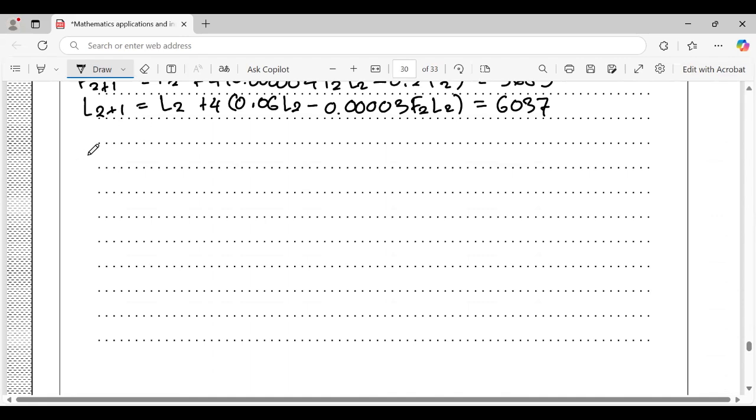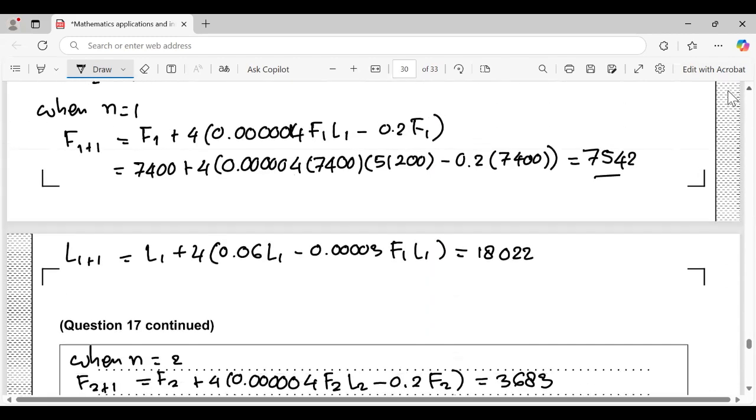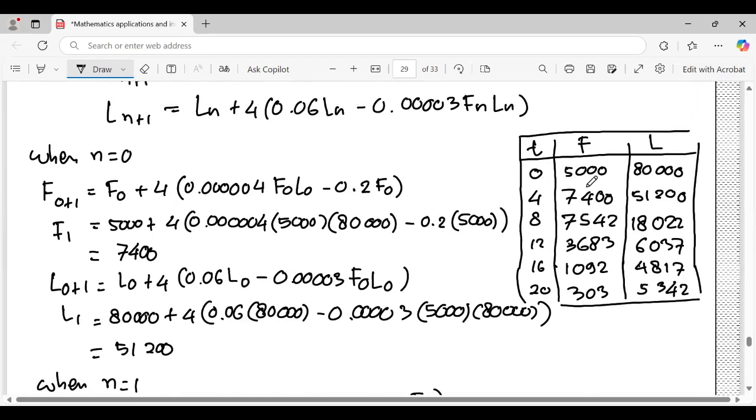So the maximum value of F, if you look at F1, this is the maximum value 7,542, and for L the minimum value you can determine here.